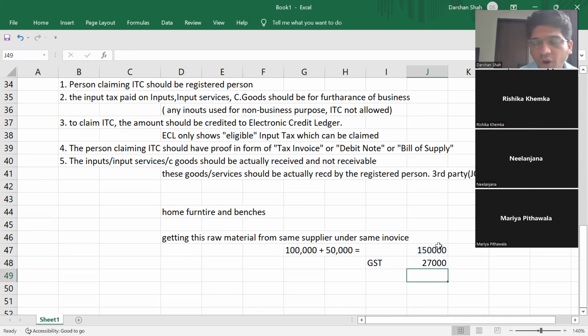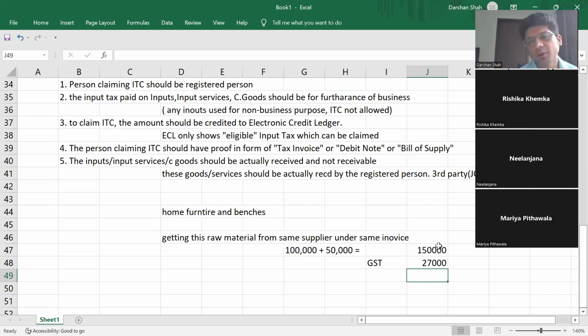It is up to the auditor of Mr. A to check whether this entire 1,50,000 has been used for furtherance of business, which is frankly speaking a bit difficult. That's the loophole in the system. You cannot know how much wood he's using in business and how much wood he's using at home. You cannot know that.